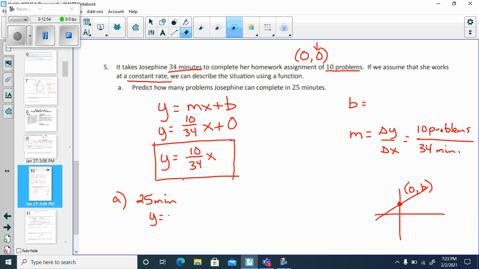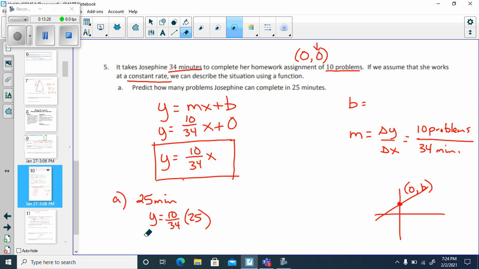Y is equal to 10 over 34 times 25. Okay, we plugged it into the equation here. Now all you've got to do is put that into your calculator. 10 divided by 34 times 25, and that would give you 7.35.